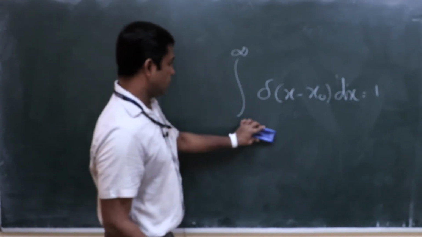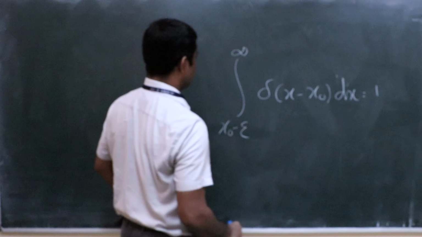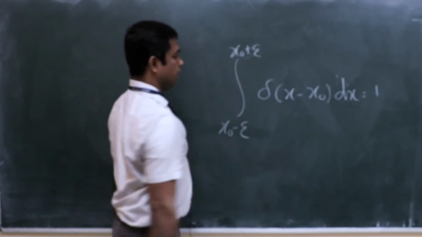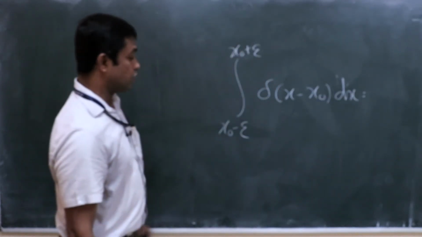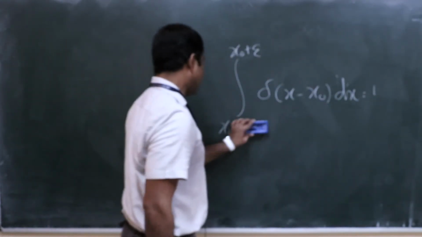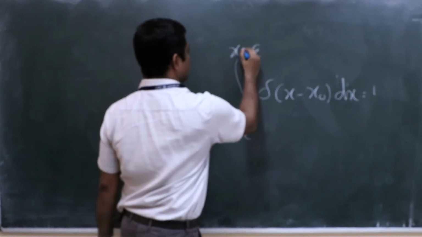What about x0 minus epsilon to x0 plus epsilon? This also will be 1. What about plus epsilon to plus 2 epsilon?